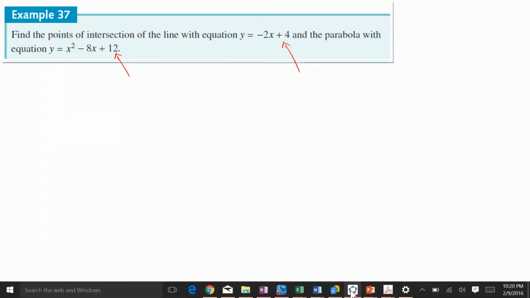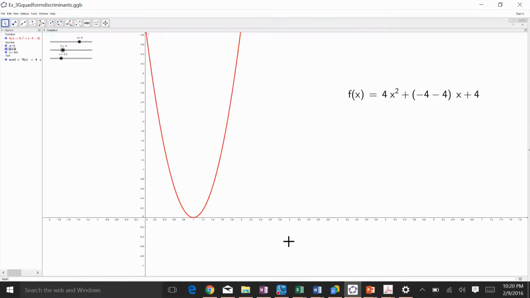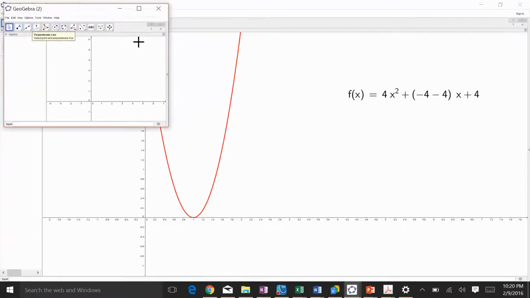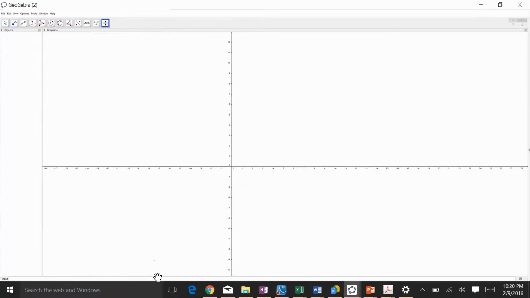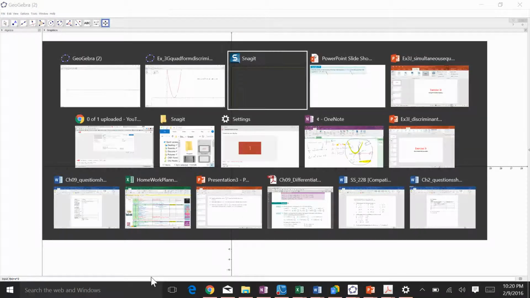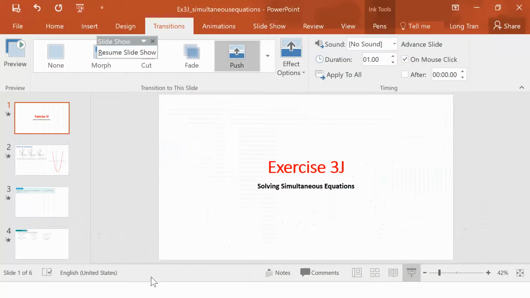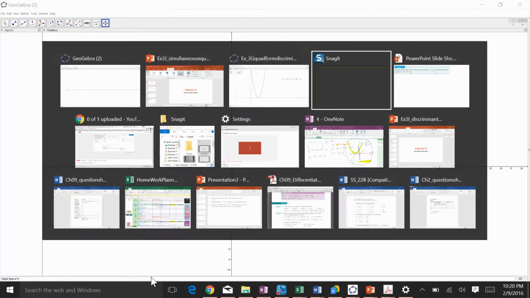Let's do a new one. Let's have a look. If I go to, let's call it f of x equals x squared. What was it again? Wait, what's going on?